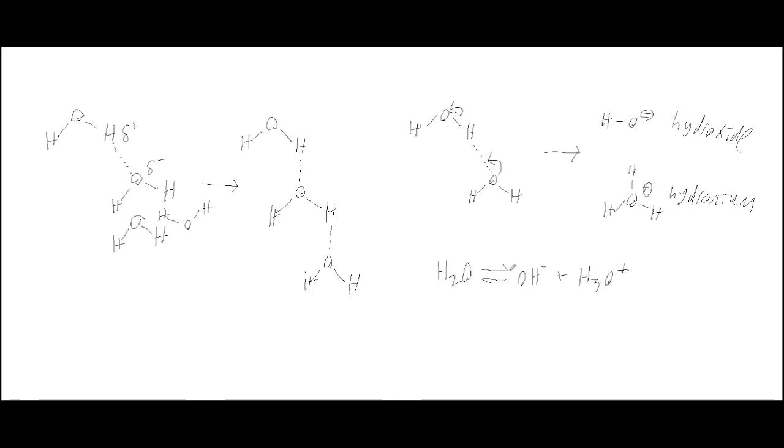So in the next video I'm going to get more into the idea of equilibrium and things like that, but for now I will just introduce this idea that we have this constant that I'm going to call Kw that represents an equilibrium constant, and that is the product of the H3O plus concentration with the OH minus concentration.